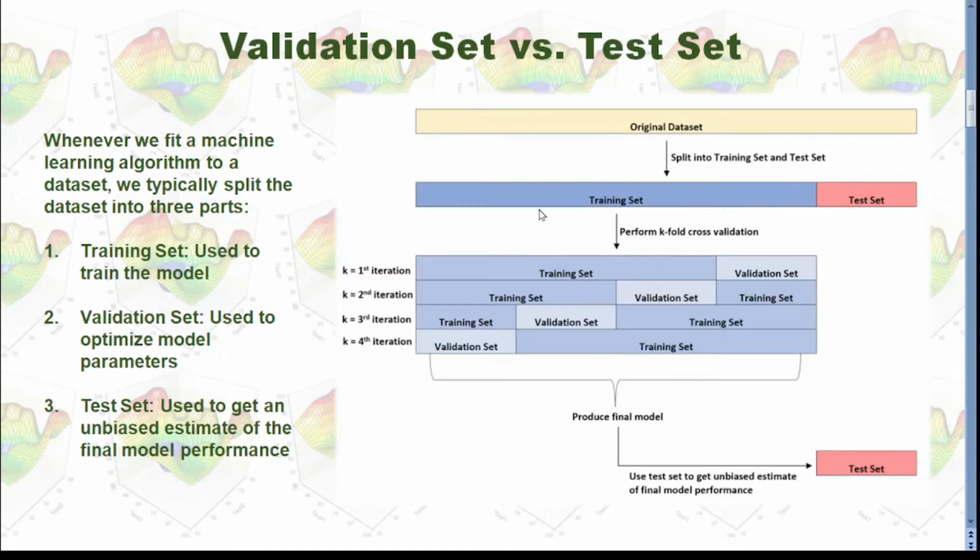Then we will use this training set for training and validation. You can see we will split this training set further for training and validation. After we finish training and validation, we will produce our final model, and then we will test our final model with this test set.